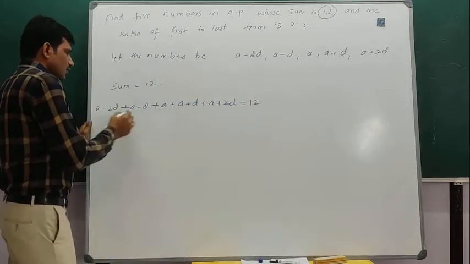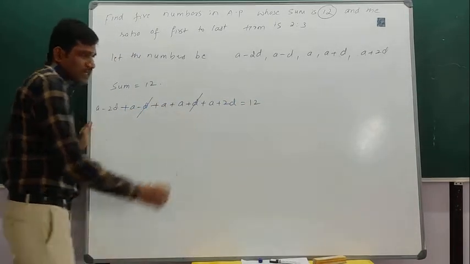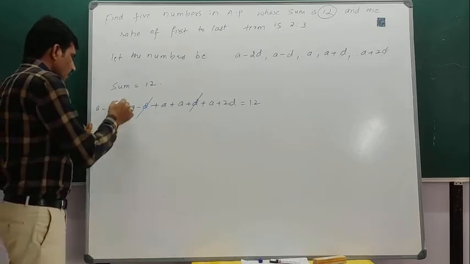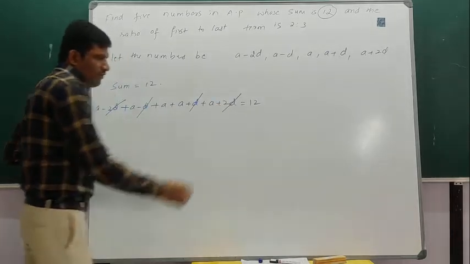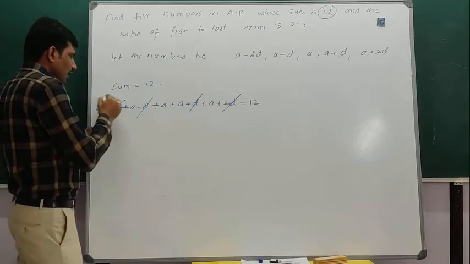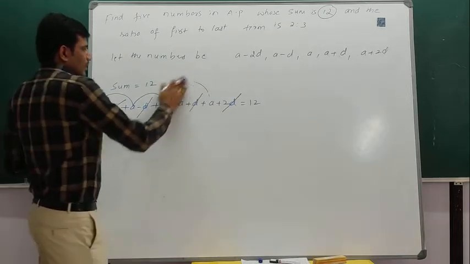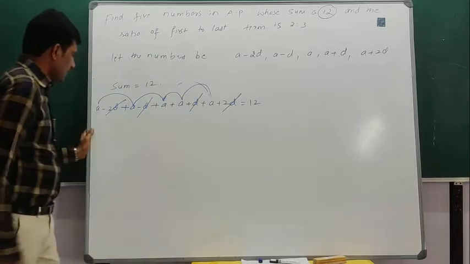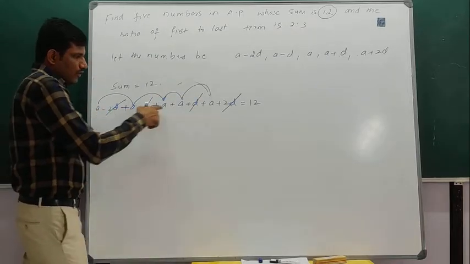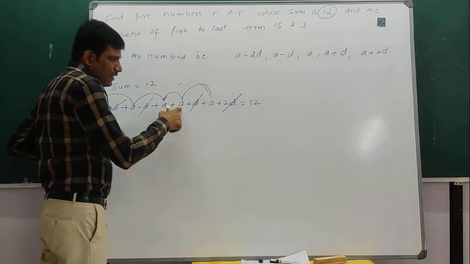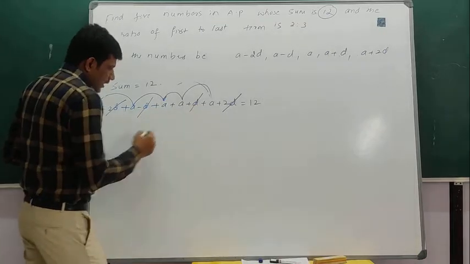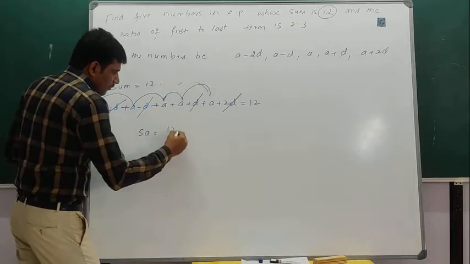We can observe that minus D plus D will get cancelled, and minus 2D plus 2D will get cancelled. So A plus A is 2A, 2A plus A is 3A, 3A plus A is 4A, 4A plus A is 5A.